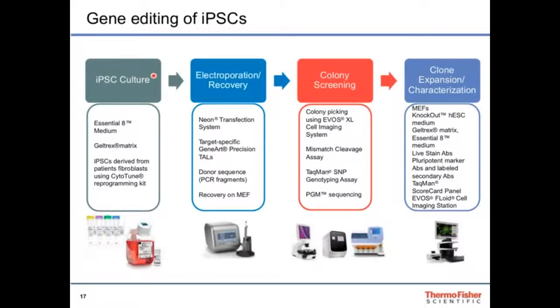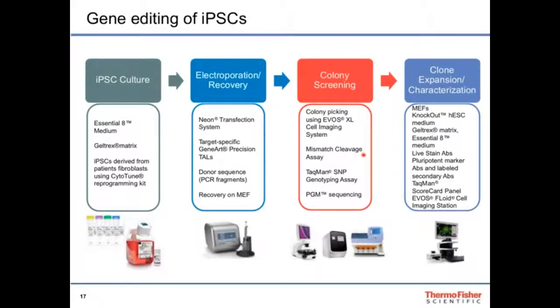So we have everything from the iPS culture. I mentioned the CytoTune kit to rapidly reprogram cells. In this case, we used our Neon electroporation system to deliver the TAL effector plasmids. We synthesized our donor sequences at our GeneArt facility. We have our EVOS microscopes, which we use to identify colonies and do colony picking.